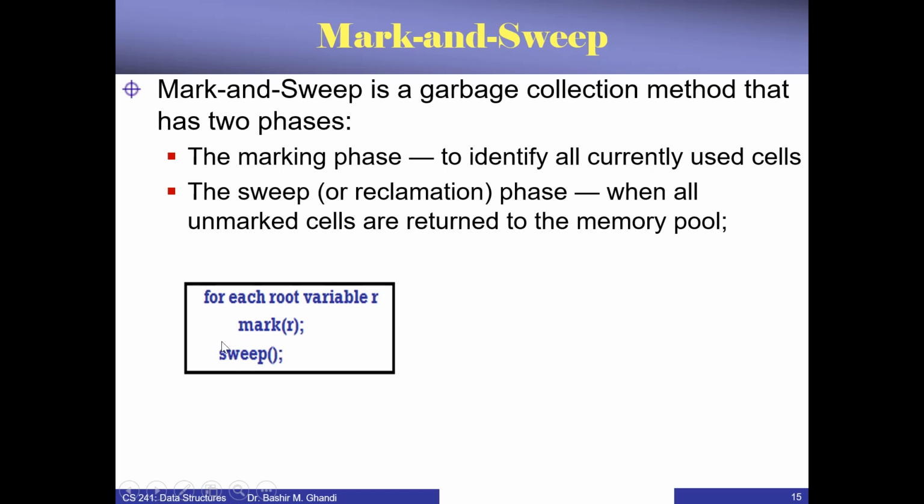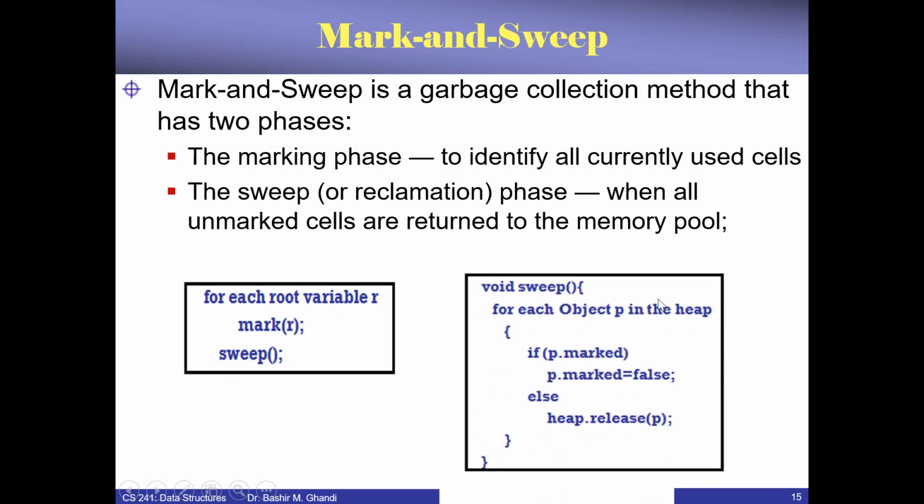Now call the sweep. What will the sweep do? Say for each object P, whether the object is being referenced or not, for each object in the heap, check if the object is marked, then it is being used, so just unmark it. However, if it is not marked, then release it.